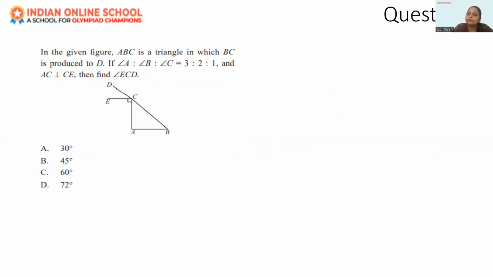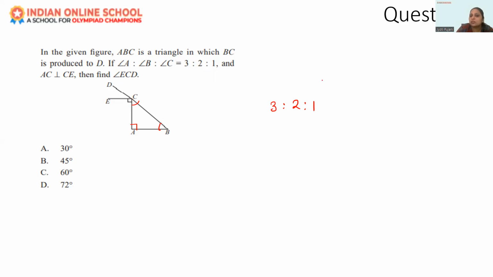Yes. In the given figure, ABC is a triangle in which BC is produced to D. Okay. The ratio of angles A, B, C is 3 is to 2 is to 1. We know that ABC is individually a triangle.